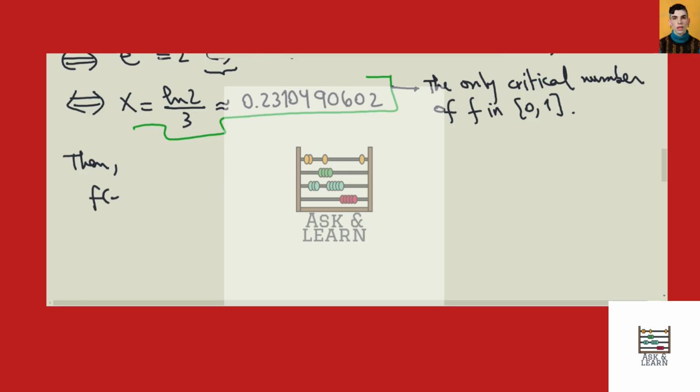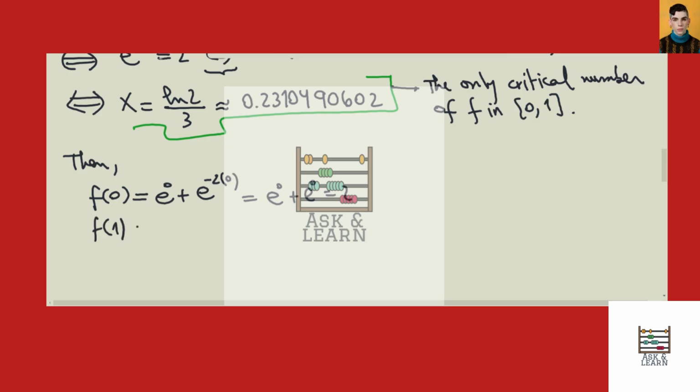Then f at 0 is exponential of 0 plus exponential of negative 2 times 0, that is 2. Or if you want to be clearer, is e to the 0 plus e to the 0, that is 2.